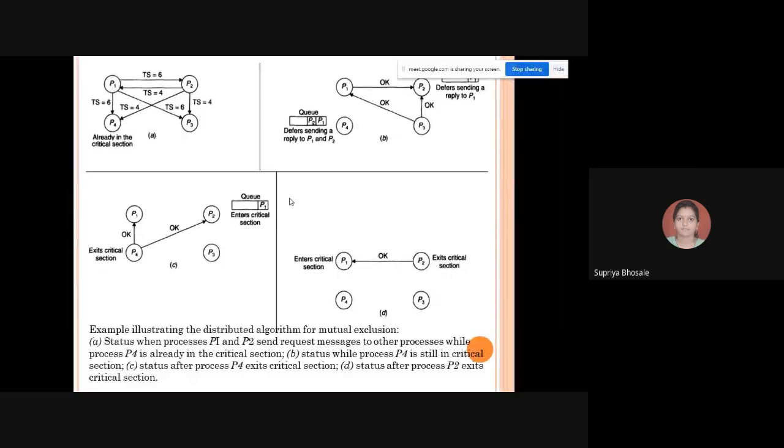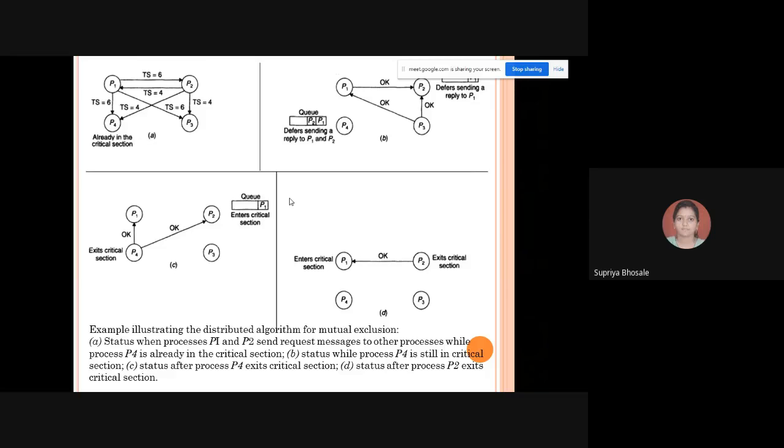So here in this case again, to illustrate how this particular algorithm works, let us consider the example which is shown here in this figure.